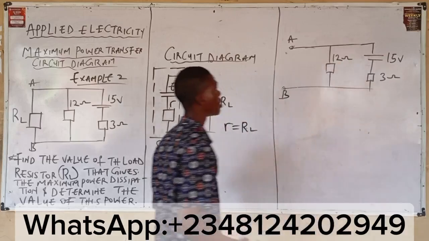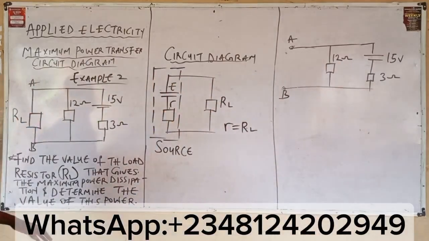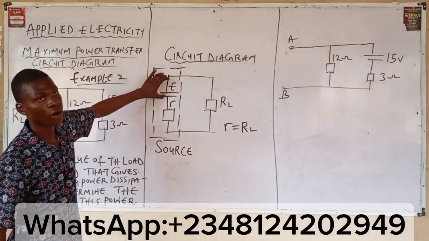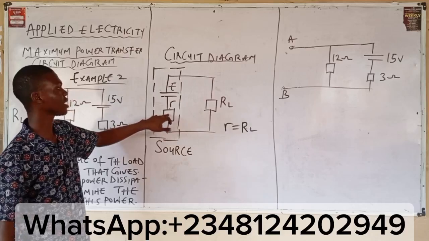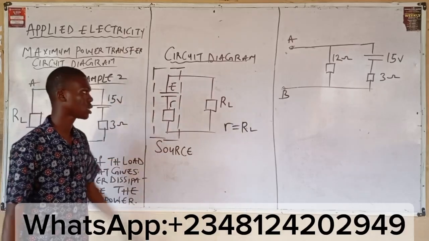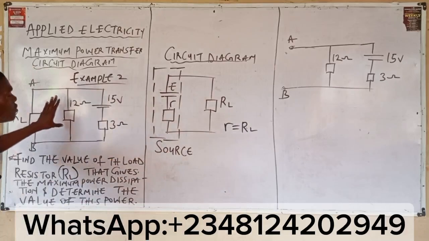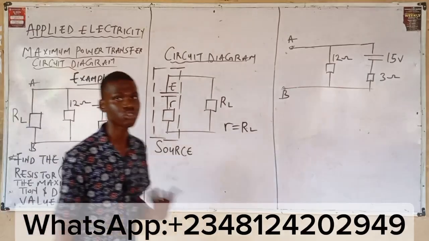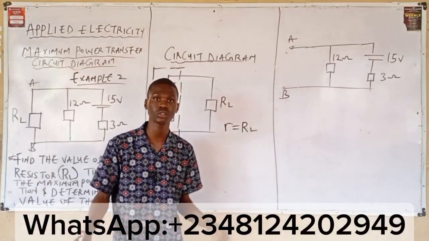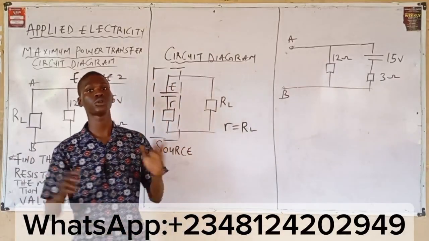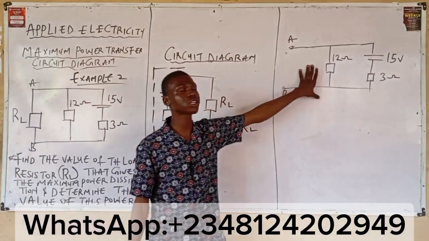Now from here, we said we want to know the value of the cell for this source and the value of the internal resistance for this source. Given any circuit, your task is to short circuit your load resistor.